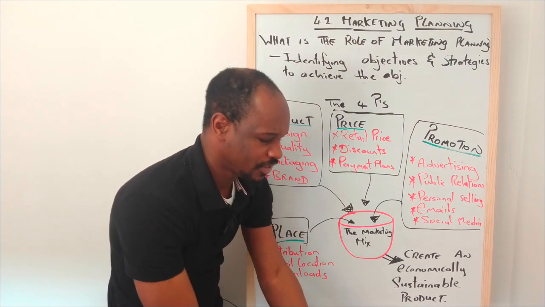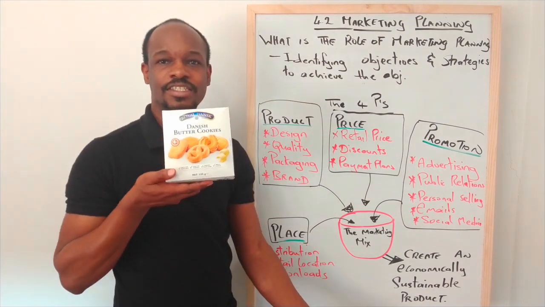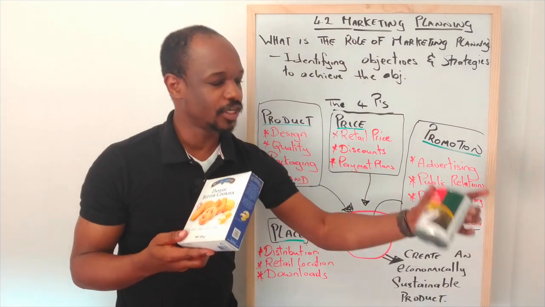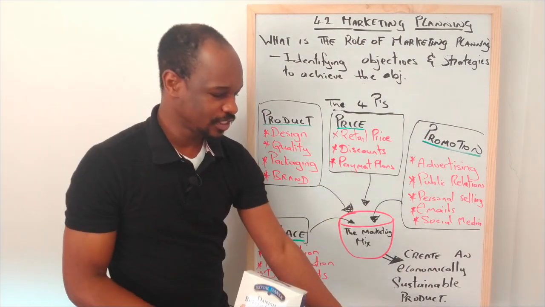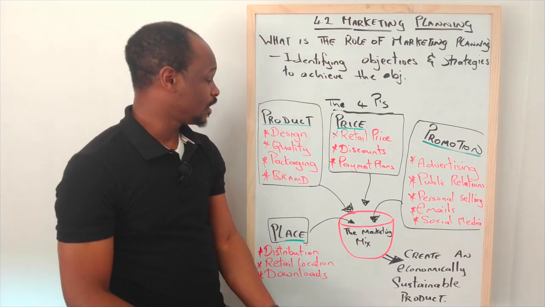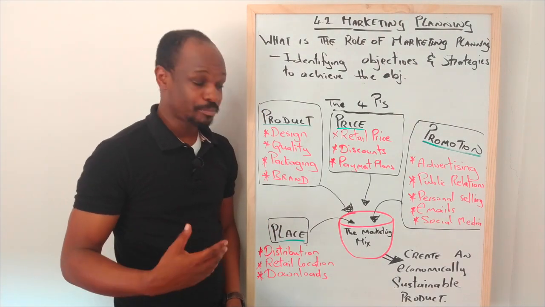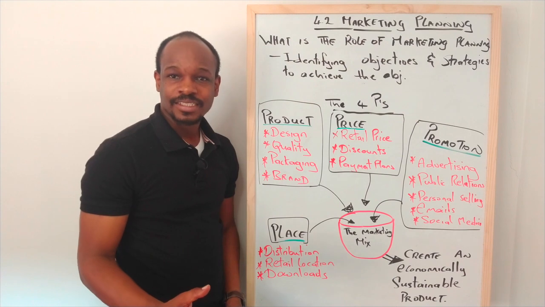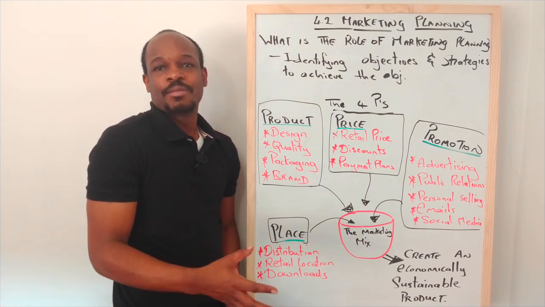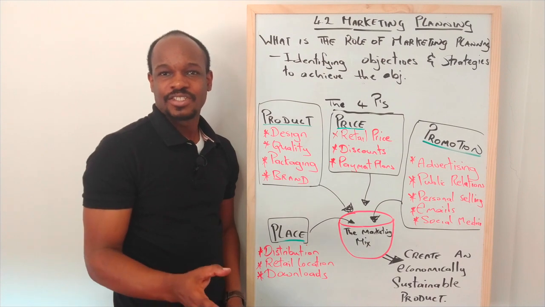And here I have some others, things like these, that are attractive, with colors. So when we talk about the product, we're looking at the design, the quality, the packaging, the brand. How colorful is the label on the package?